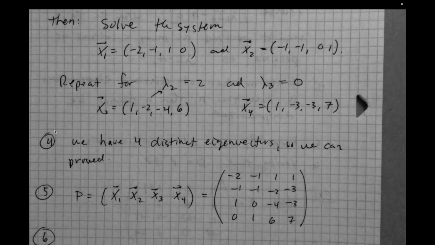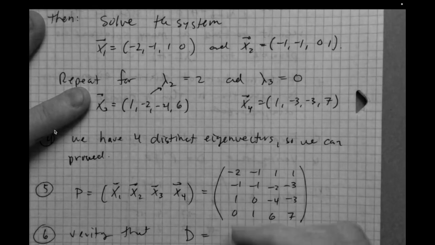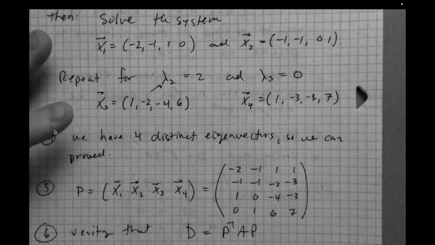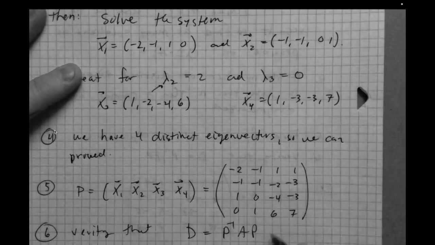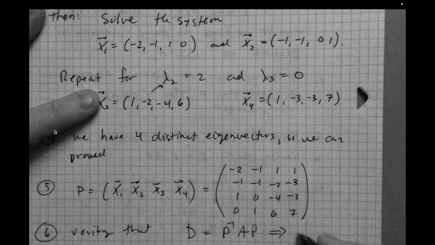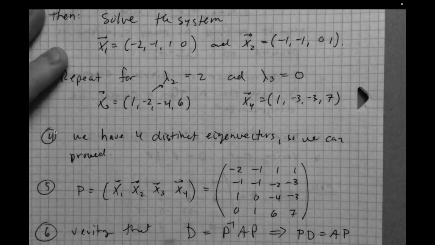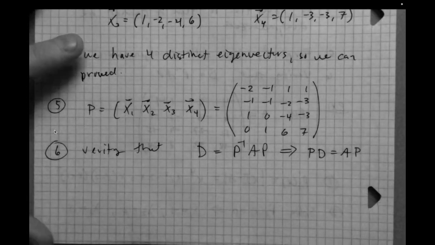P is invertible, and we can verify that D is equal to P inverse A P. If we don't want to find the inverse, we could verify this by checking P times D equals A times P. I can left multiply by P on both sides, and that makes the verification easier if you don't want to find that inverse.